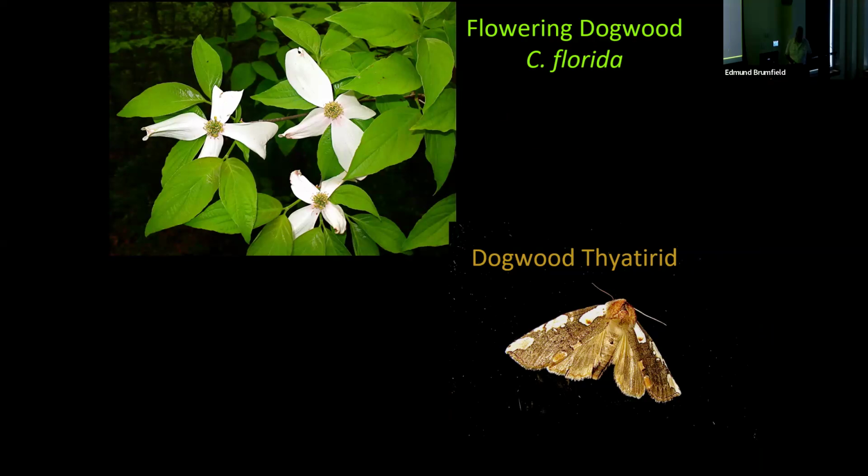And for flowering dogwood, which is not as common a tree as it used to be, there's a specialist in the moth department as well called the dogwood thyatirid. And I get a few of these that show up every year.